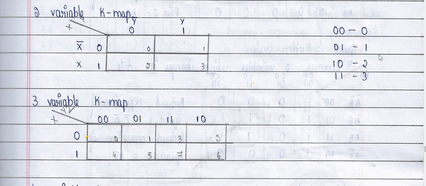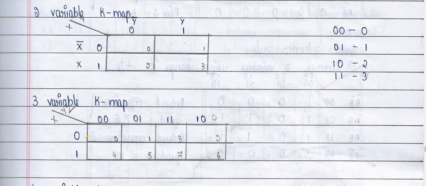Actually 0, 1, 2, 3 means 00, 01, 10, 11. But in the K-map it is not in that order. It is in the order 0, 1, 3, 2, that is 00, 01, 11, 10.